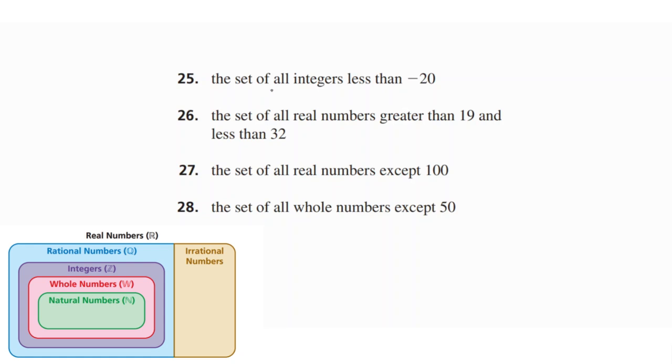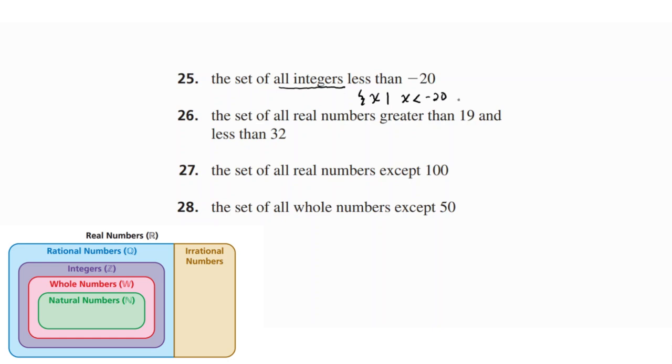In our next example, we want the set of all integers less than -20. So we're dealing with a subset, the integers, not the real numbers. So when I write this out, I'm going to say brace x such that x is less than -20.